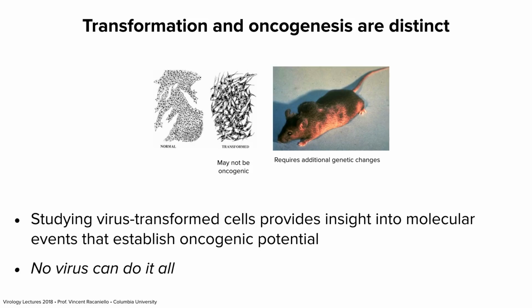No virus can do it all, which means viruses can transform cells, but the cancer arises because the cells keep dividing and accumulate mutations that eventually make them a cancer. Of course, the viruses started this, but the virus itself is not causing the cancer. That is a consequence of repeated genome replications, which is not supposed to happen.